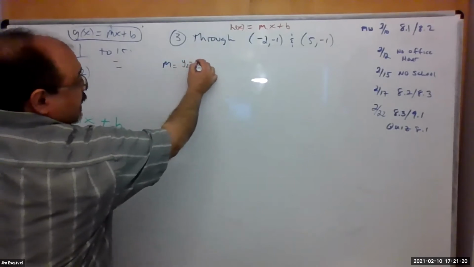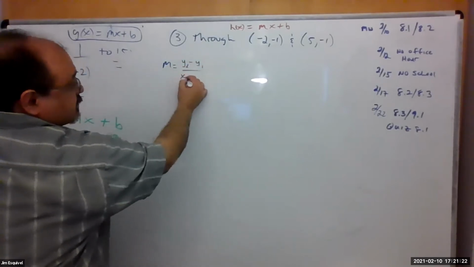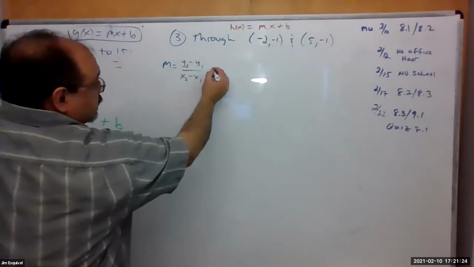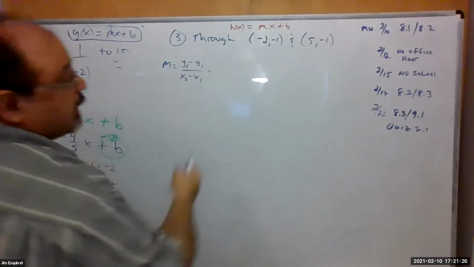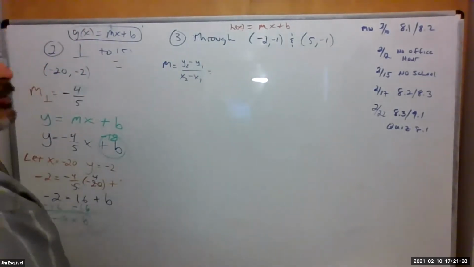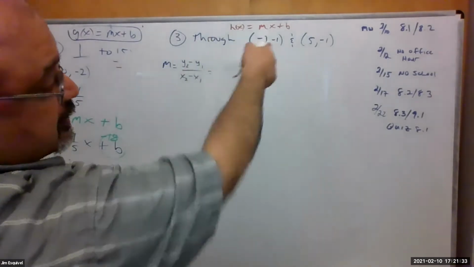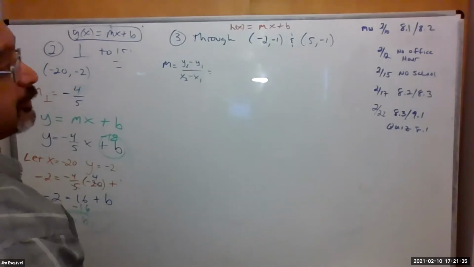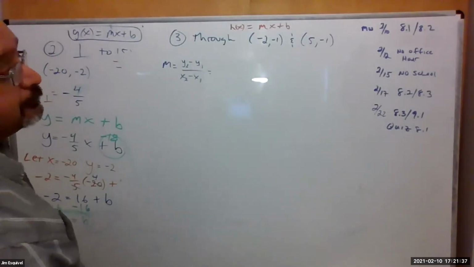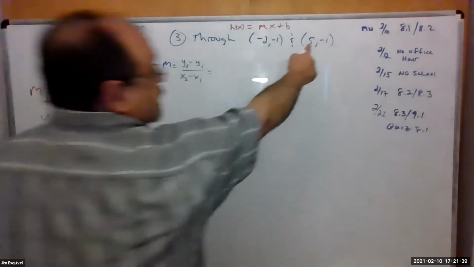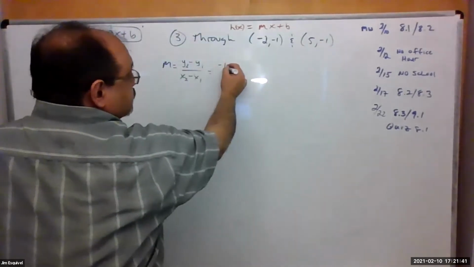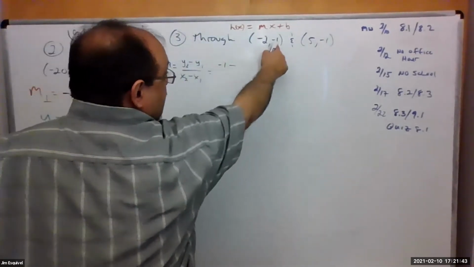Y sub 2 minus Y sub 1 over X sub 2 minus X sub 1. So, hey, those two Y's are both the same. So the first Y or the second Y, which one do you want me to start with? Second. So this -1 minus that one.